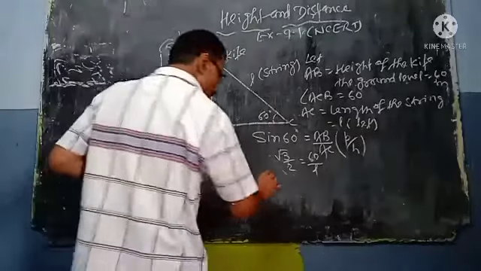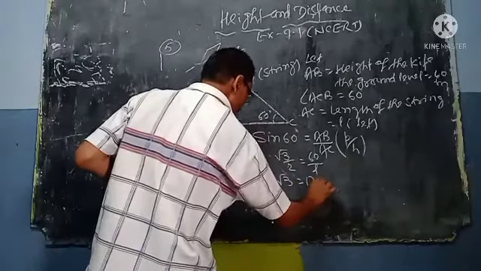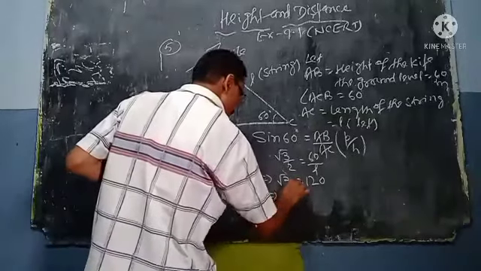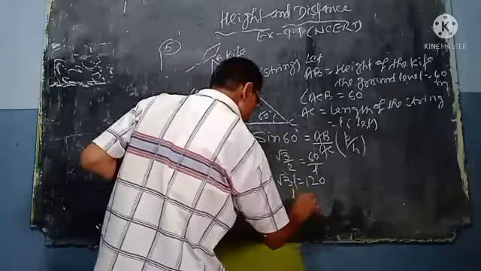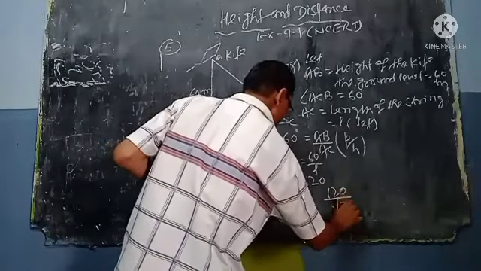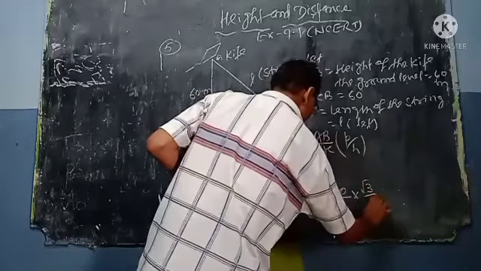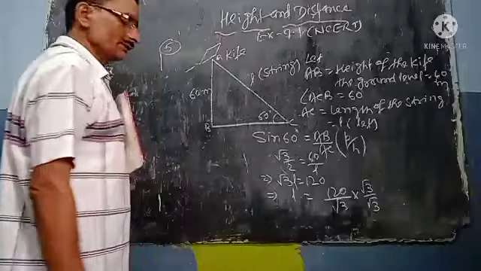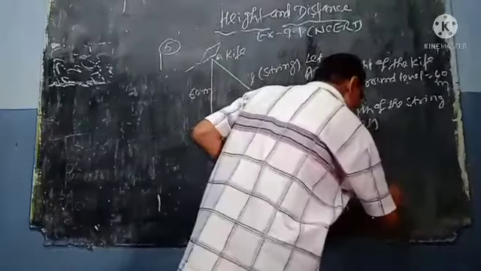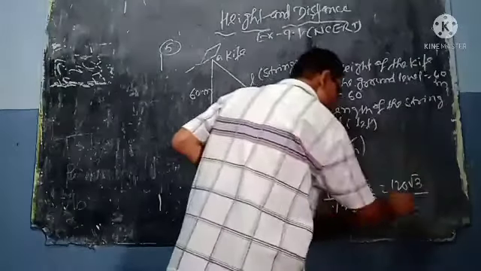So on cross multiplication this will be root 3 L equal to 120, and so L will be equal to 120 by root 3. Now do the rationalization, so root 3 by root 3. Then what will be, dear kids? The numerator will be 120 root 3, whereas the denominator will be only 3.